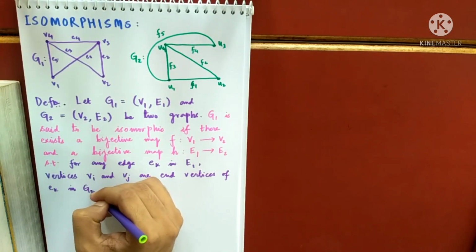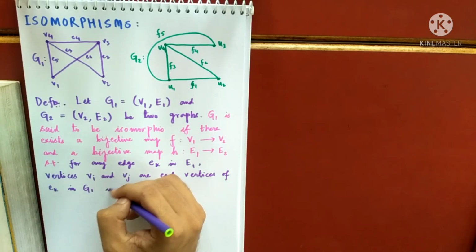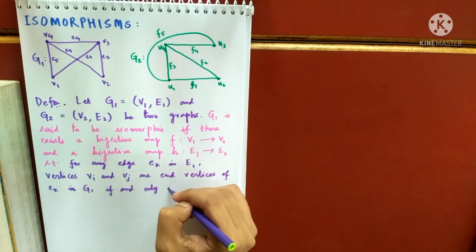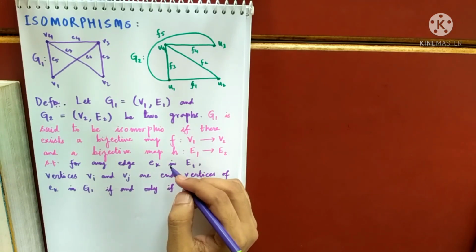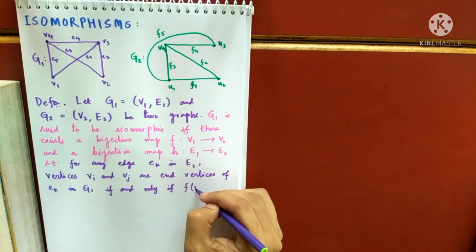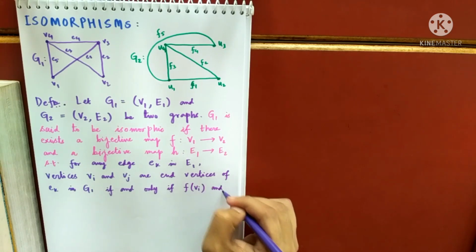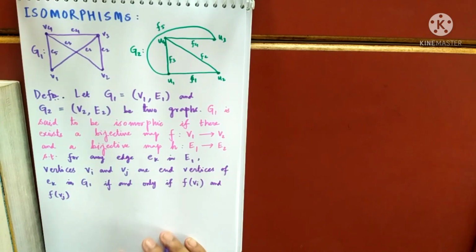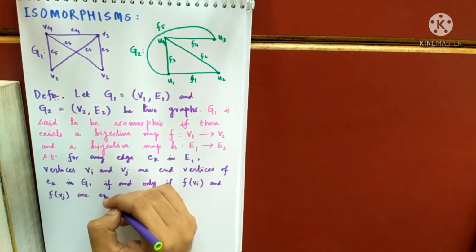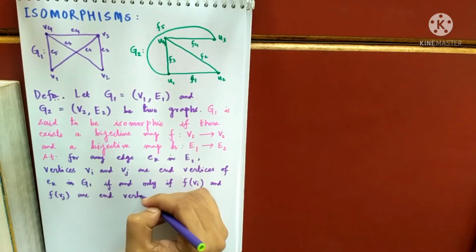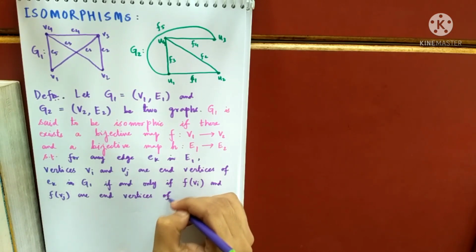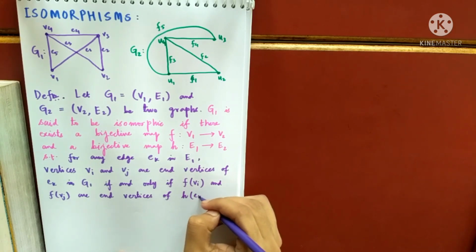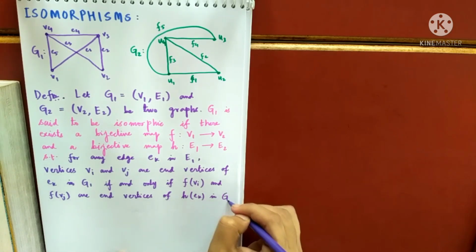in G1 if and only if f of Vi and f of Vj are end vertices of h of Ek in G2.